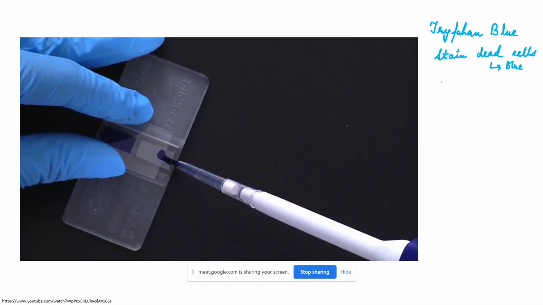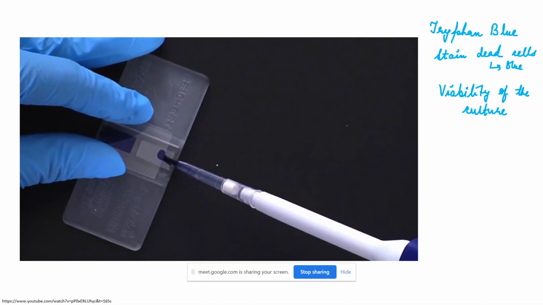So under the microscope, if you see blue cells, that means those cells are dead, but the cells which are not blue are viable. So in order to determine the viability of the cell culture, we use this trypan blue stain.